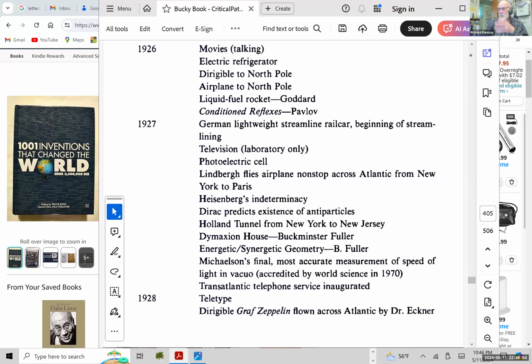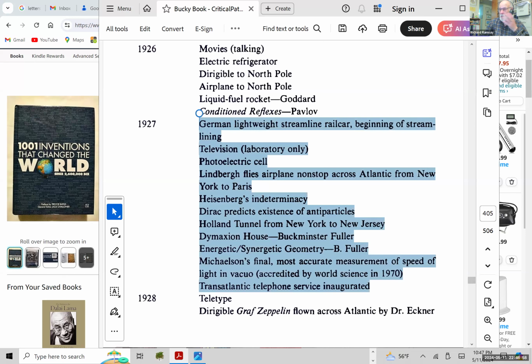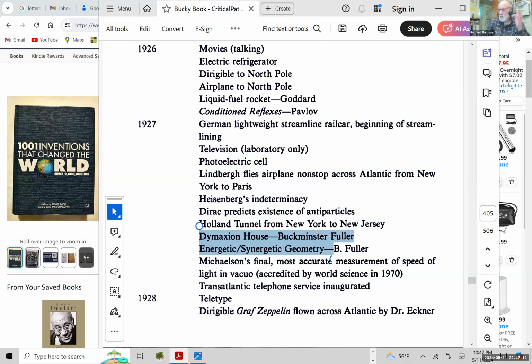So you've got all those things that are in 1927, referring to Fuller writing down the Dymaxion house and energetic, synergetic. And we know that 1927 was when he had his epiphany, being on the edge of at least contemplating suicide and deciding not to.